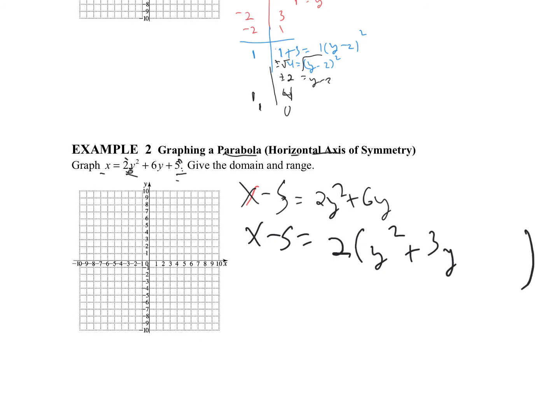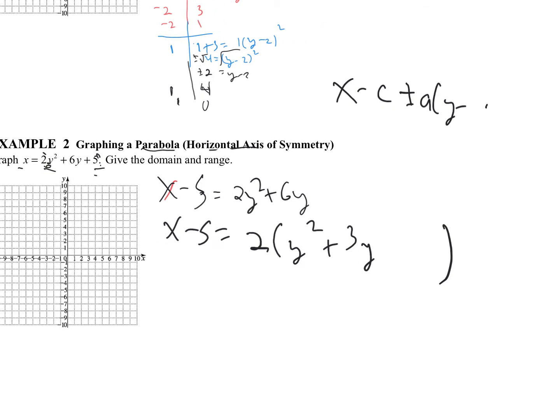I need to complete the square on this side in order to see what is going to be squared. I need x minus some number equals plus or minus an a, y minus a different number squared, in order to find out what my vertex is. My vertex would be like the opposite of c, whatever's happening, or c, d in this case. So I need to have it in that form.